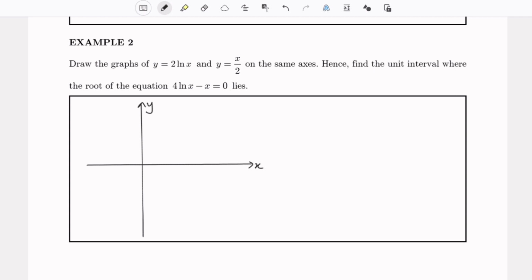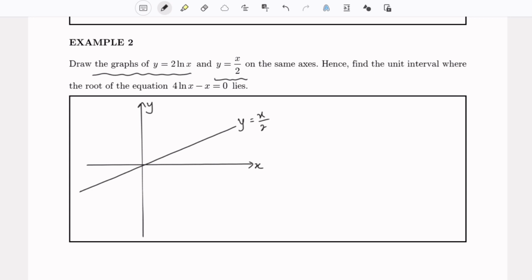Example 2. Draw the graph of y = 2 ln x and y = x/2 on the same axis. Here we have the axis prepared earlier. So y = x/2. That's the graph, so label it.